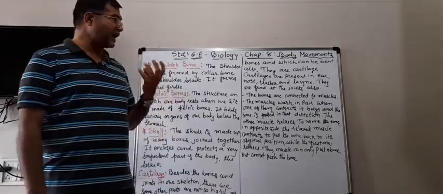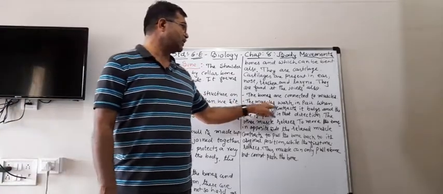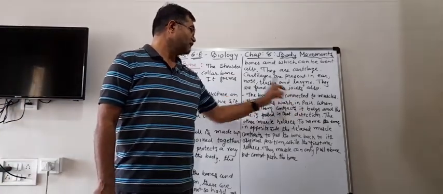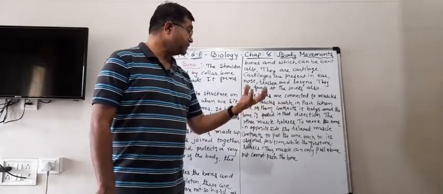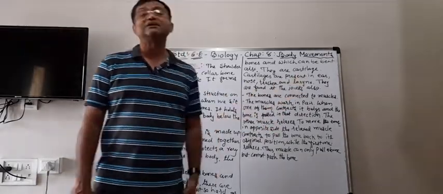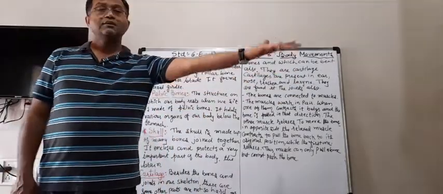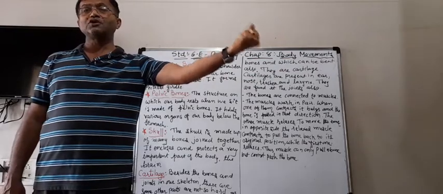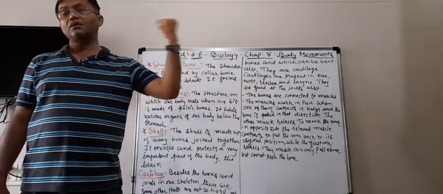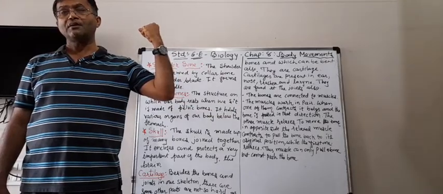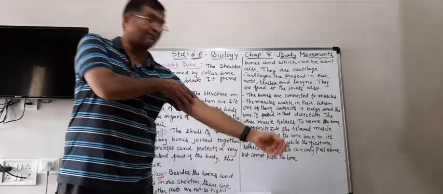Now how do they work in pairs? When one of them contracts, it bulges and the bone is pulled in that direction. We know that when we close our fist and bend our arm from the elbow, you can see that there is some bulged part here.